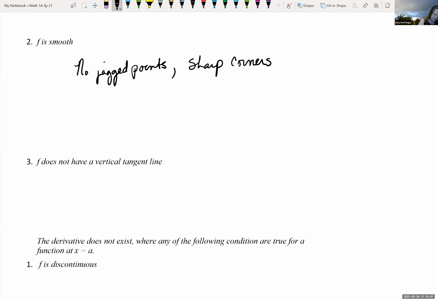So vertical tangent lines, there's a couple ways that this can happen. It could be continuous, but might become a vertical tangent line for a little bit and go on. And so in this case here, the derivative would not exist.